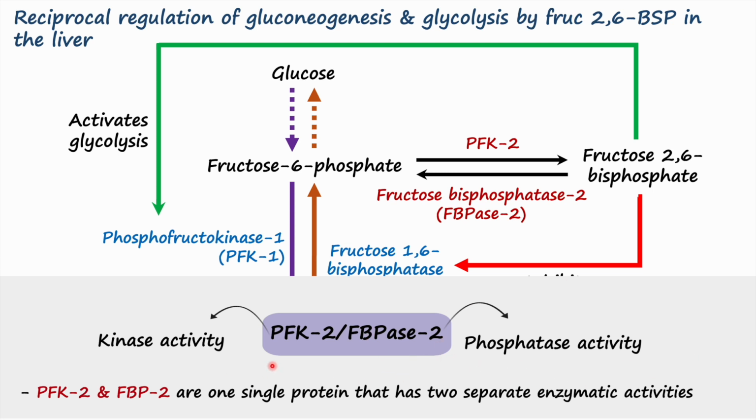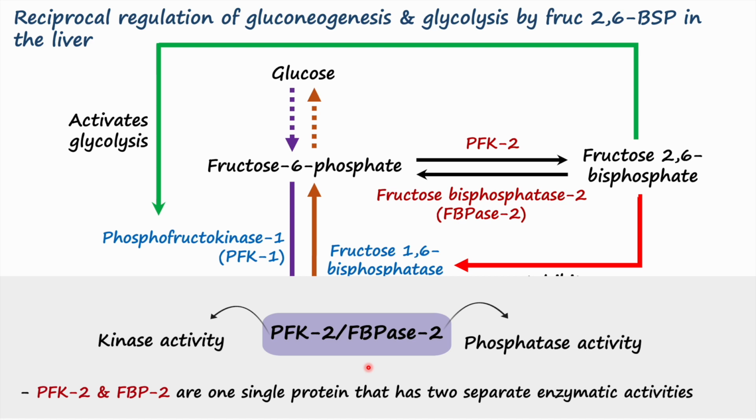Now which activity dominates, whether it is the kinase activity or the phosphatase activity, is dependent on the blood glucose concentration. So together, the reciprocal regulation of gluconeogenesis and glycolysis is dependent on the amount of fructose 2,6-bisphosphate, and the amount of fructose 2,6-bisphosphate is dependent on this bifunctional enzyme, and the activity of this bifunctional enzyme is dependent on the blood glucose concentration.